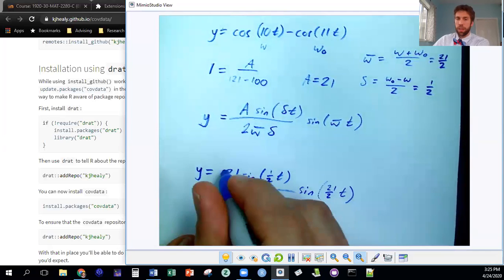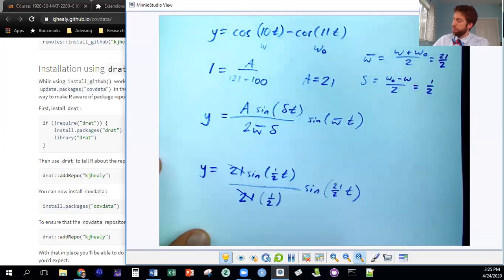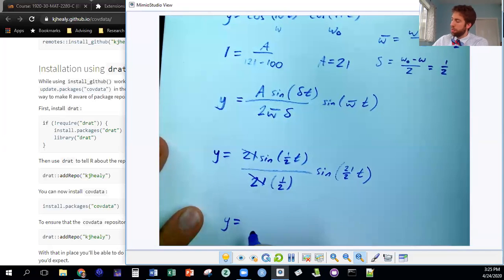Let's simplify that because I've got two 21s. Y equals 1/2 sine of 1/2 t times sine of 21 over 2 t.